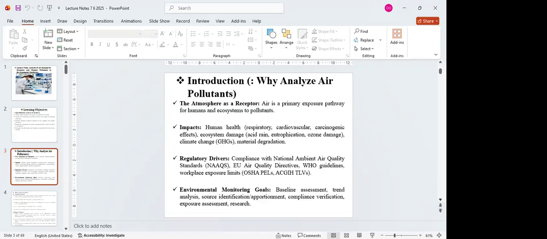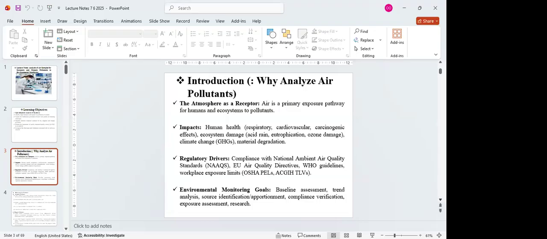You know of when you are told not to inhale certain things, like I mentioned the other time, the nanoparticles and the microplastics, nanoplastics and microplastics. Some of these things accumulate and they trigger certain carcinogenic effects. They also impact the ecosystem and cause damages.